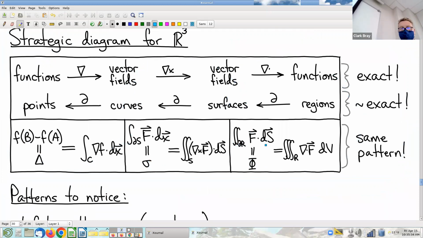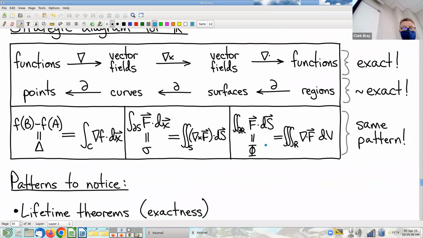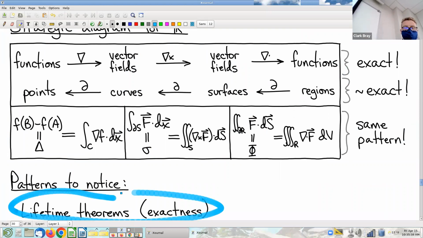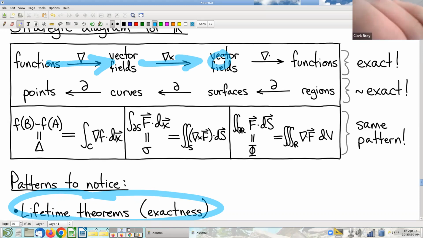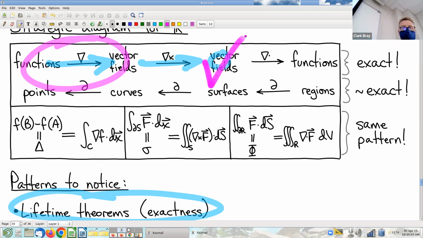I want to walk through and show you the various patterns that are in here. I'll start with the lifetime theorems. Exactness, as we discussed back in the 2-dimensional version. If you have a gradient and you compute its curl, you get 0. And this works in both directions. If you have a gradient, the curl is 0.